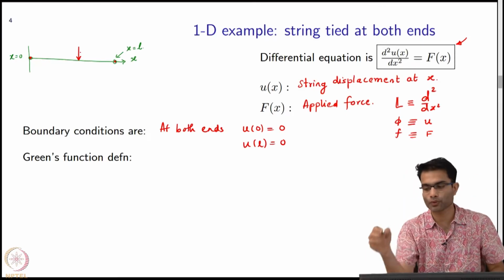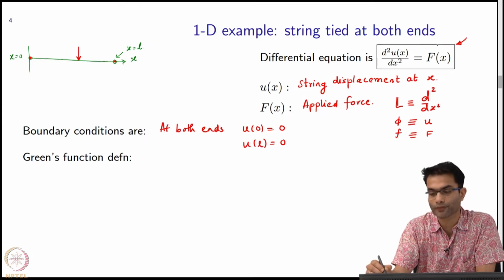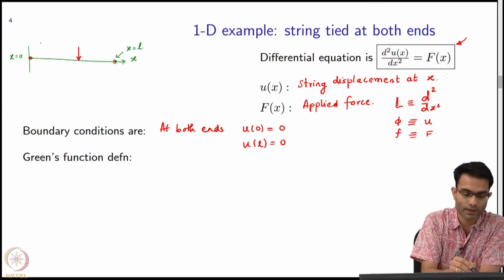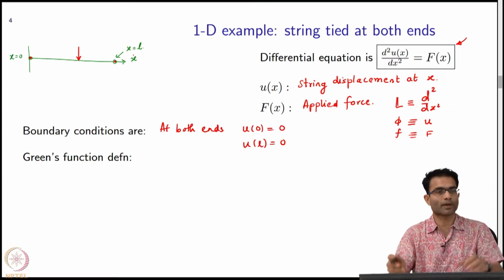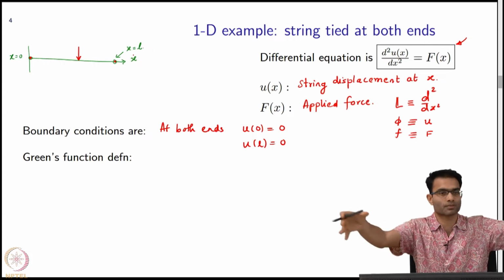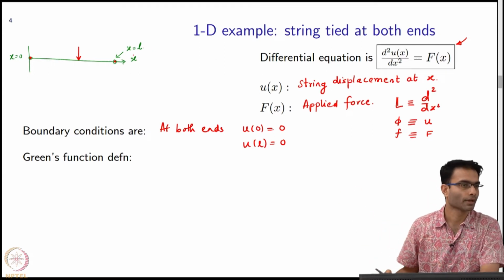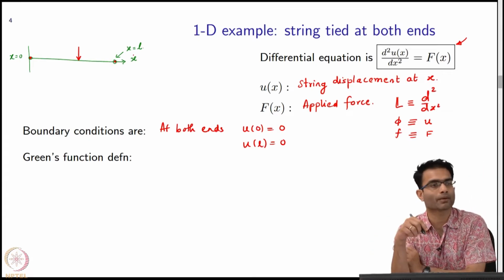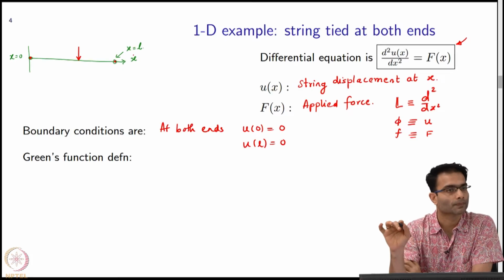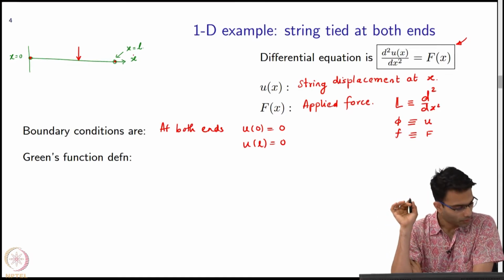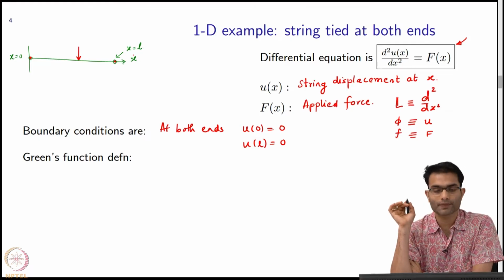At any arbitrary point, I am applying some force. That force need not be at a point, it can be applied throughout, and that is given by f of x. f of x is a function of x, can be non-zero throughout the string. You could have placed an object on it, so f is distributed. We do not care what the form of f is. As motivated in the previous slide, our main objective is find me g, I can tell you everything. So, now what is the definition of Green's function that we can use?